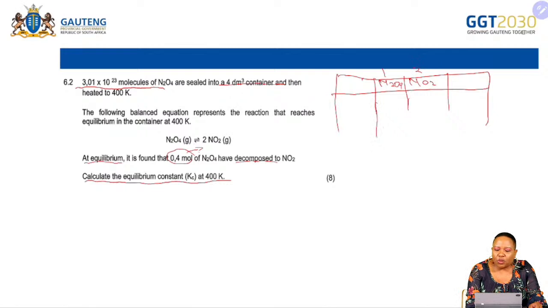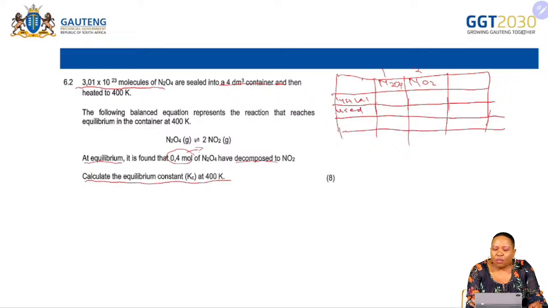And then we will start and say the initial number of moles, used or produced, and then moles at equilibrium, and then concentration at equilibrium. That will assist us to calculate what? Kc.